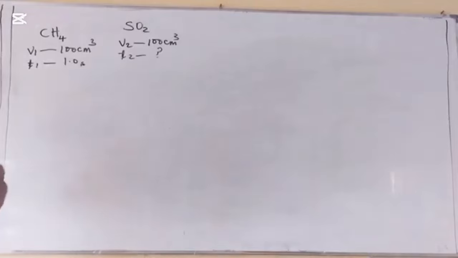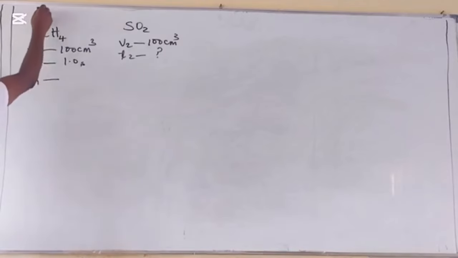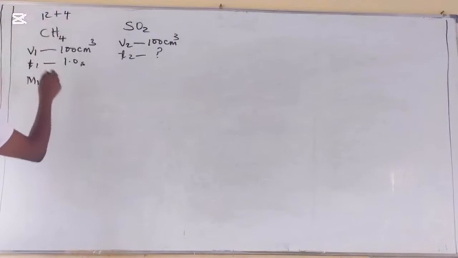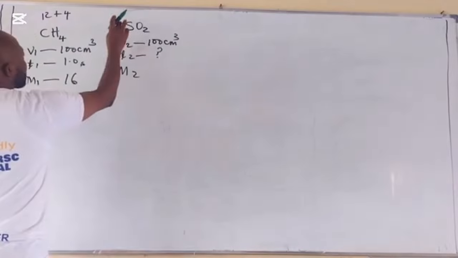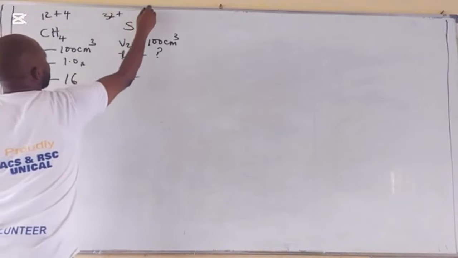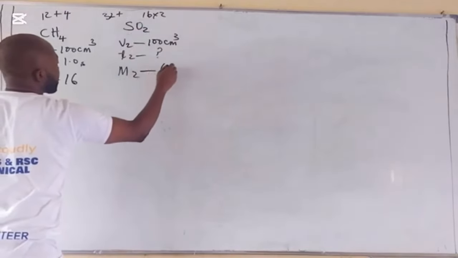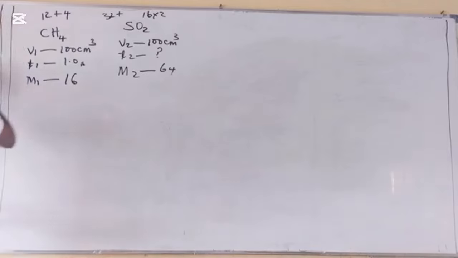So let us begin. My M1, the relative molecular mass of methane: carbon is 12, plus hydrogen is 4, so 12 plus 4 is 16. My M2: sulfur is 32, plus oxygen is 16 times 2, which is 32, so 32 plus 32 is 64.